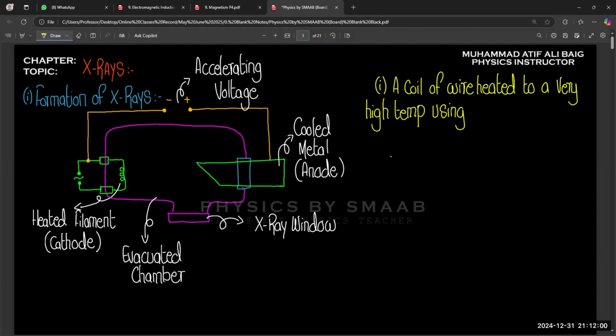In evaporation, what happens? We know that particles are on the surface, and if we provide them some amount of energy, they start to escape the surface. In the same way, electrons are available on the surface, and if we provide them energy, they start to vibrate with greater amplitude, and they leave the surface of the metal.